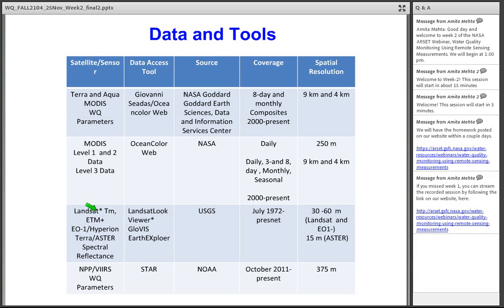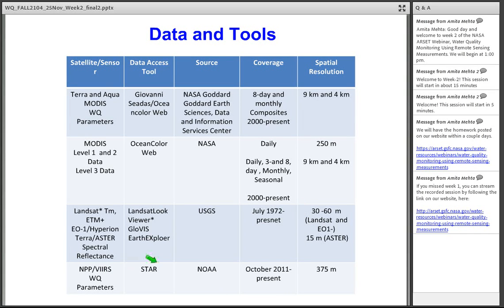Now Landsat, so TM, ETM, and EO1 Hyperion, Terra ASTER, only spectral reflectances are available online operationally. These can be found by using these tools: LandsatLook Viewer, GLOVIS, and Earth Explorer. These are USGS tools, and there is coverage, so images are available in highest resolution.